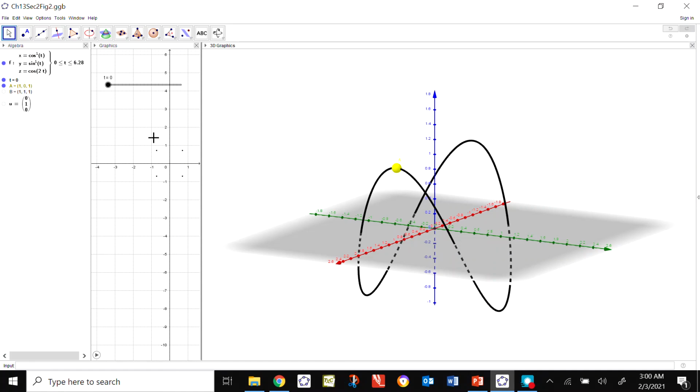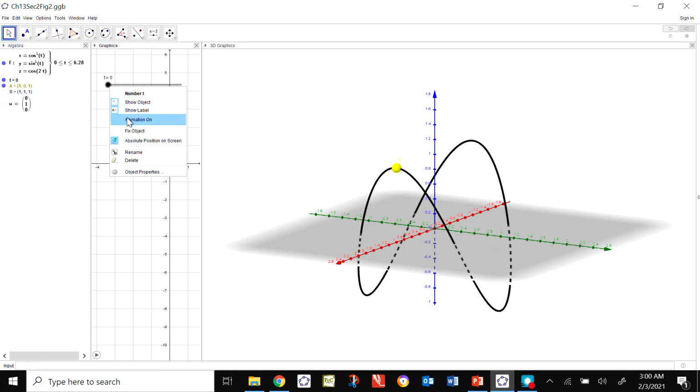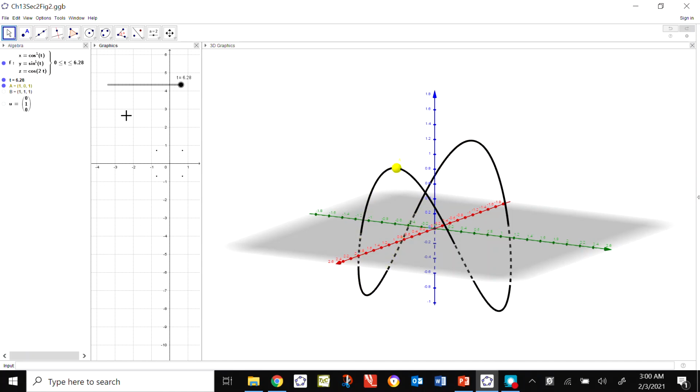When t takes on a value of 0, that represents this point: cosine 0, sine 0, and cosine 0, so 1, 0, 1 is this point. If I run the animation, you will see that the point moves like that. For different values of t, it occupies different positions as indicated by this.